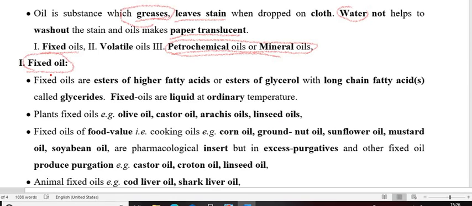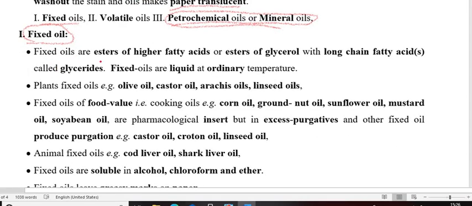But volatile oil, when mixed with alkali, does not form soap. Another very important property is that fixed oils are usually esters of fatty acids. Esters of glycerol with fatty acids are called glycerides, and fixed oils are liquid in nature at room temperature, whereas volatile oils are volatile at ordinary room temperature. So this is a very important property.